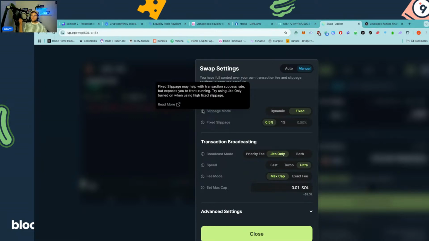So, what did we previously say? Fixed slippage, going back to seminar 1: the price at which you sent the transaction compared to the price at which you're willing to accept for the trade to go ahead, that's your slippage. So, let's say you have a slippage of acceptance of 1%.